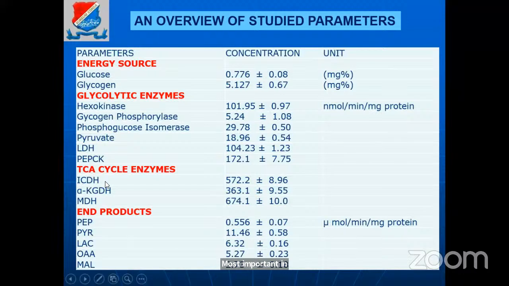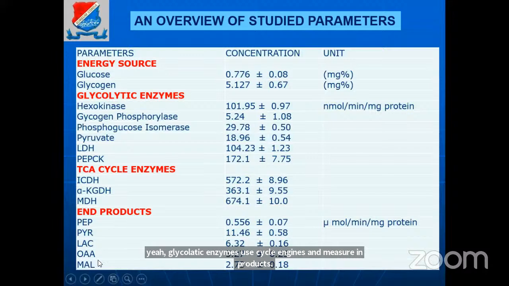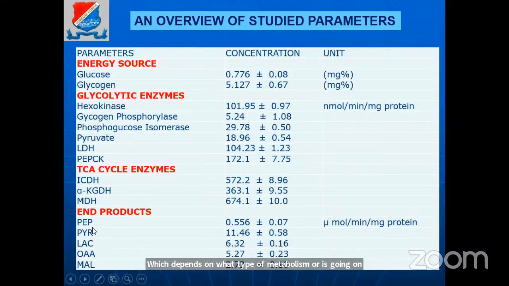Three important enzymes: ICDH, isocitrate dehydrogenase, you know that; alpha ketoglutarate dehydrogenase; and malate dehydrogenase. So the glycolytic enzymes, TCA cycle enzymes, and major end products depend on what type of metabolism is going on during the life condition of that parasite in the host and in in vitro conditions: phosphoenol pyruvate, lactate, oxaloacetate, and malate.